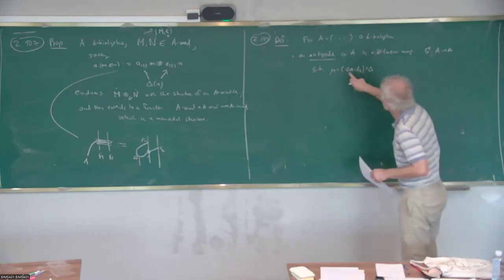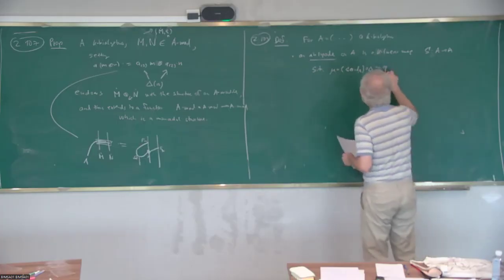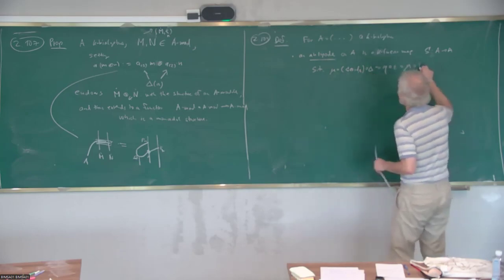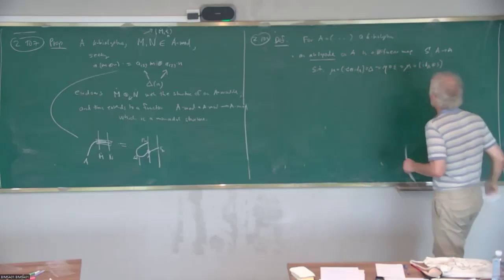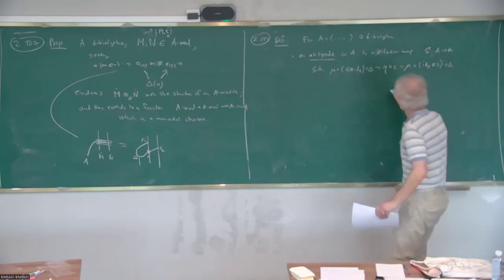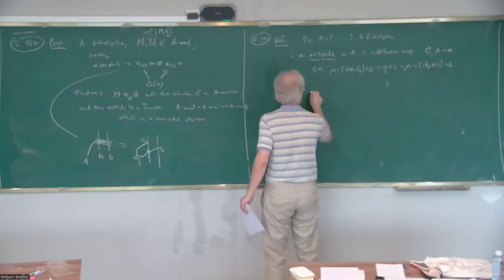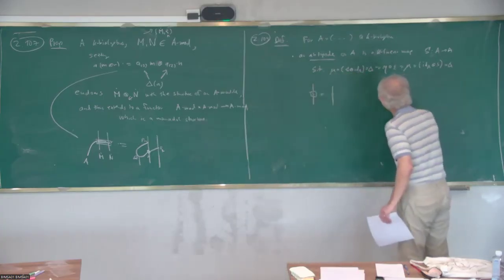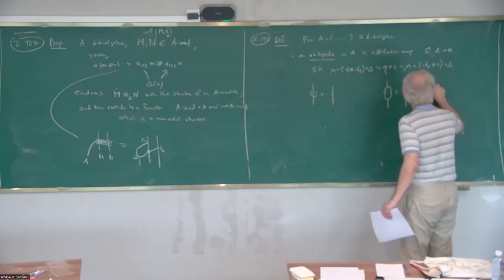So product after antipode tensored with identity after co-product is the same as unit after co-unit, and it's the same as what we get if we interchange identity and antipode. Graphically, this says the following: if I denote the antipode by a little circle, then this morphism equals this morphism equals this morphism.